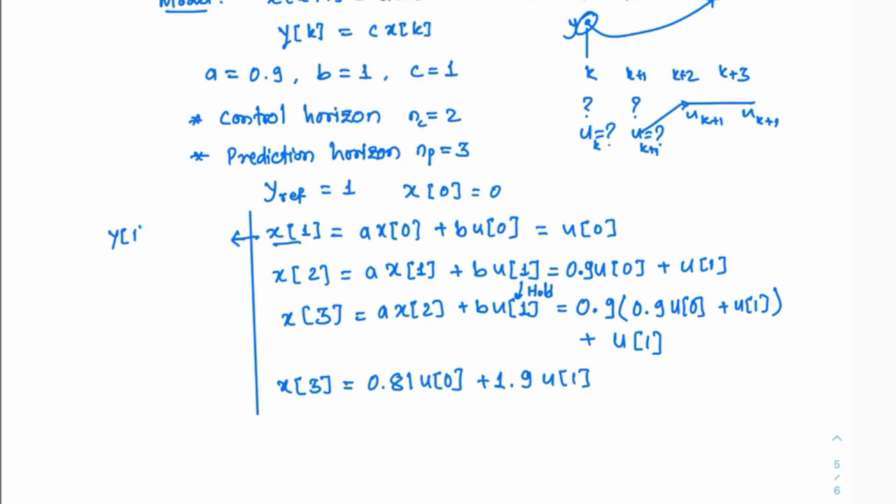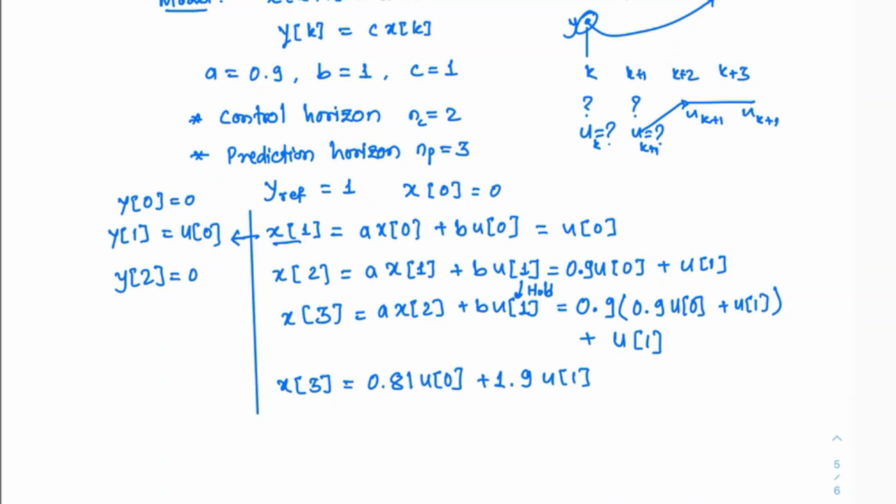So y0 is 0, y1 is u0, y2 is 0.9 u0 plus u1, and y3 is 0.81 u0 plus 1.9 u1. Okay, so now I have introduced the idea of control horizon and prediction horizon.